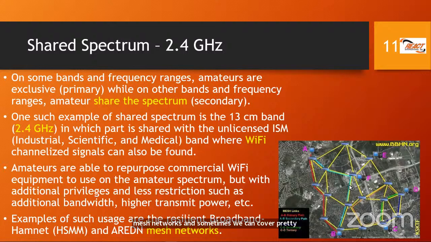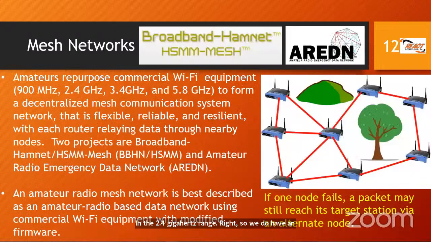Such networks can come in quite handy for disasters and emergencies, where we can fire up a network and send information, patch traffic about injuries where medical attention is needed, or any sorts of resources in an incident command system, right? So not only are we using traditional radios, handheld, mobile, base stations, and HF and VHF and so on, but we are also using that part of the UHF spectrum in the 2.4 gigahertz range, right? We do have an exam question coming up.